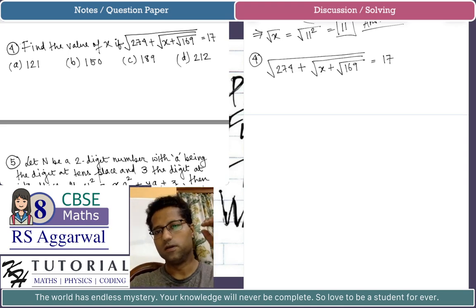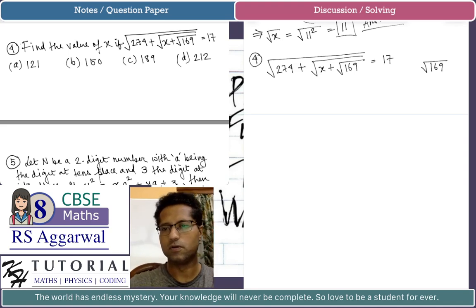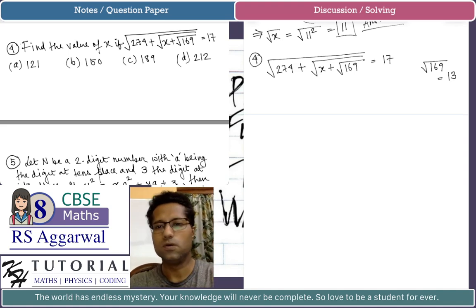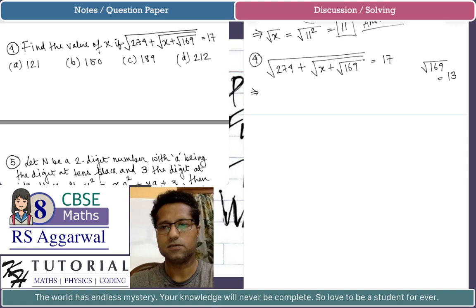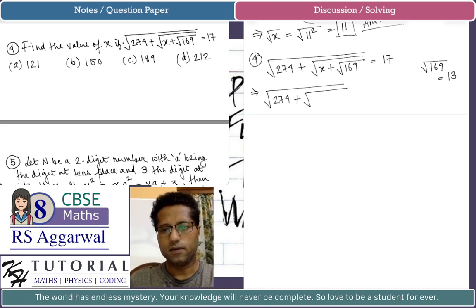If you can figure out that it's a perfect square number, then find its root. We know that root 169 is a very standard square root. Square root of 169 is 13. So we can say that this implies square root of 274 plus square root of x plus 13 is equal to 17.